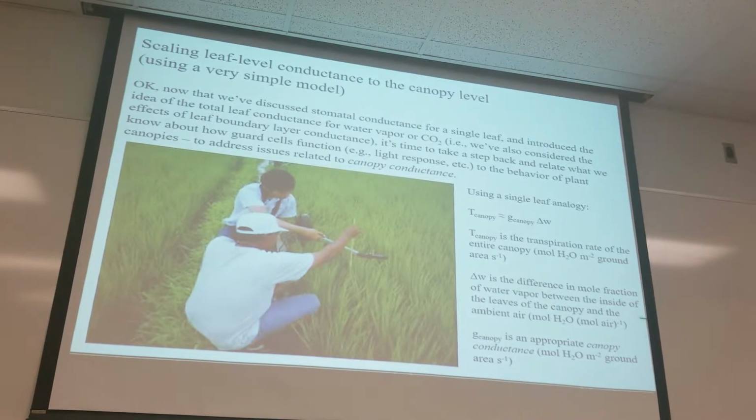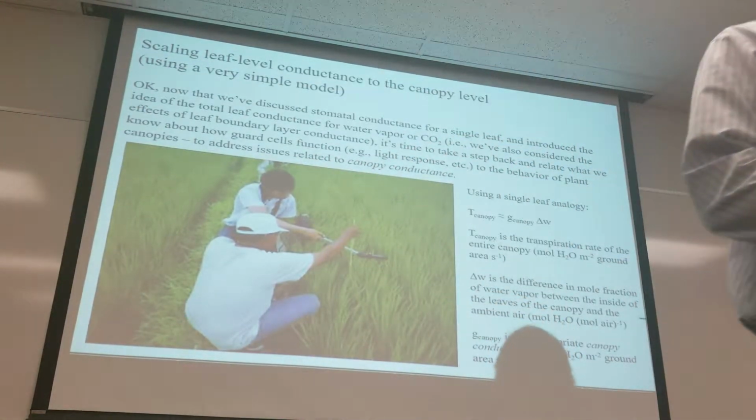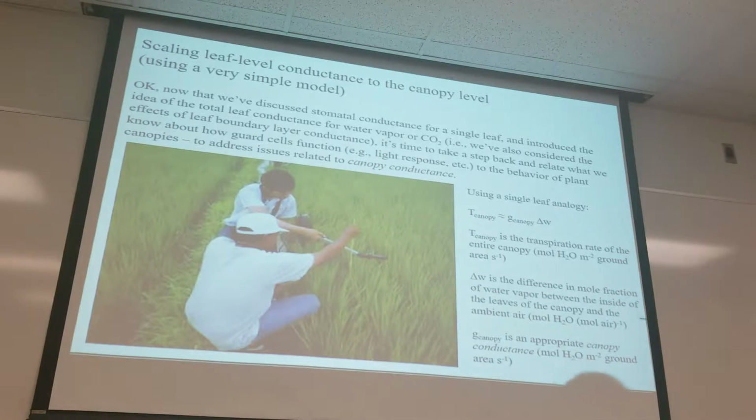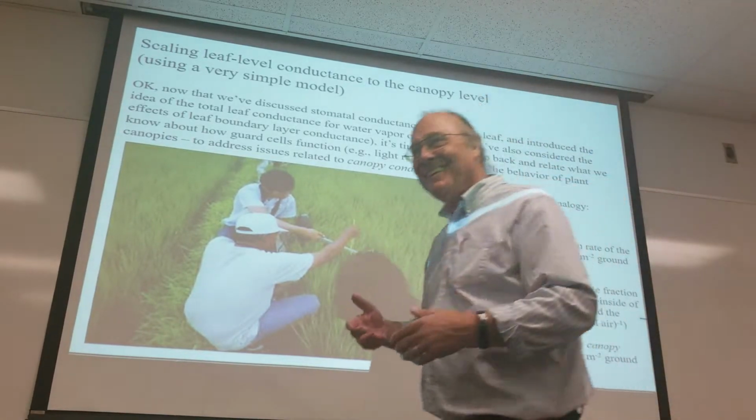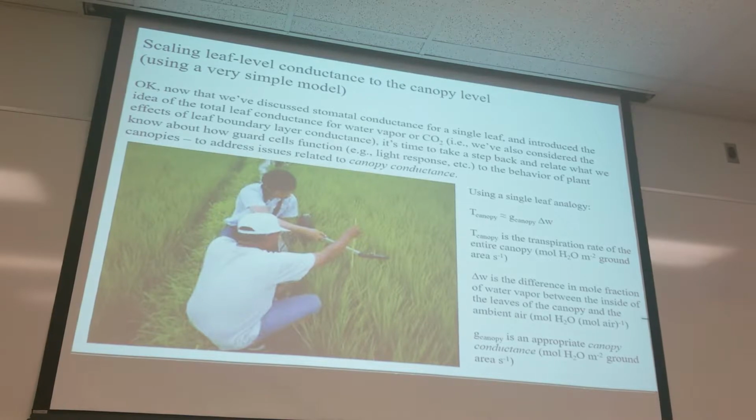And I say a simple model, okay? It brings to mind Einstein's famous quote, right? Everything should be made as simple as possible, but not simpler. That means, what do we know about stomata that is the first thing that comes to mind when you think about stomatal conductance?